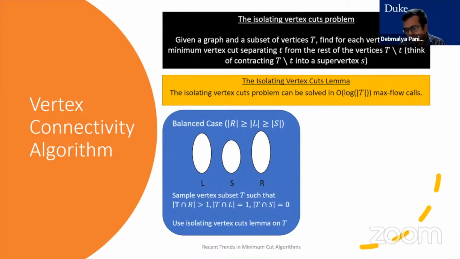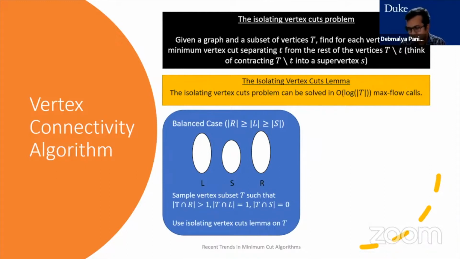Now, in this case, what we can hope to do is sample a vertex subset. Again, I'm using sampling, and you can try de-randomizing. Sample a vertex subset such that the following holds: you sample at least one vertex from R. That part is easy, since R is the largest of the three sets.